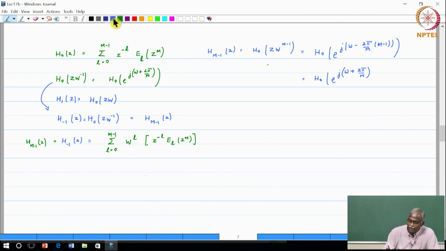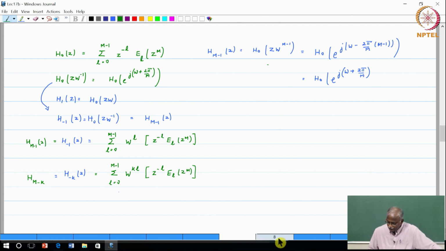For H of minus k, H of minus 1 is H of M minus 1, so this corresponds to H of M minus k, which is summation L equal to 0 to M minus 1 W power k L within brackets the same expression Z power minus L E L Z power M.